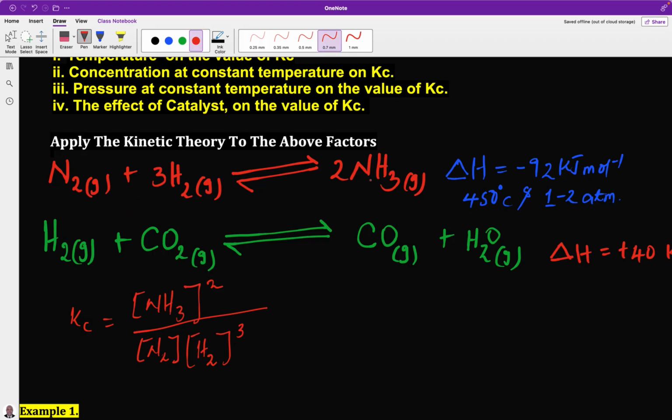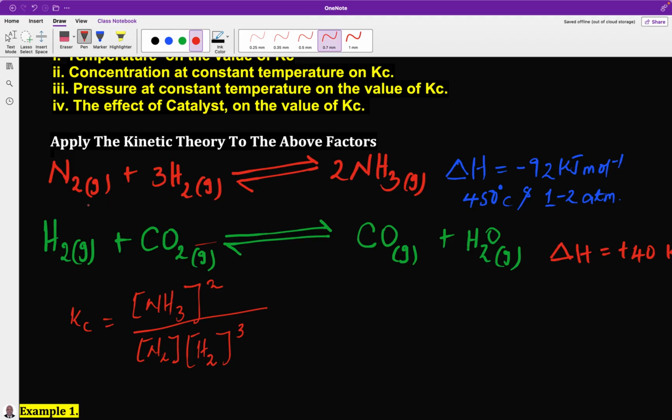And in that case, the Kc will decrease, because there is more of the reactant than the product. Once more, decreasing the pressure, the equilibrium shifts to the area of more gaseous molecules, from right to left.